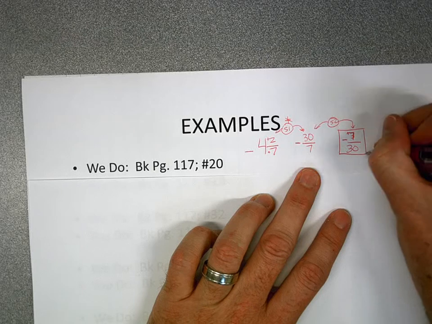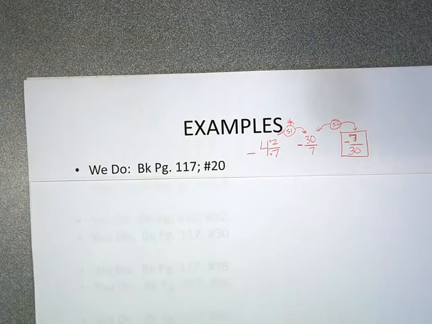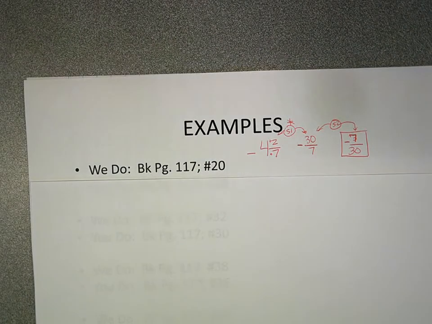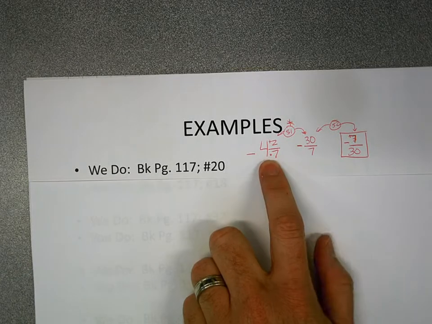Obviously, if you multiply both of those out, it would be a positive 1. So it is negative 7/30. Okay, questions on that problem? That's all you're doing.